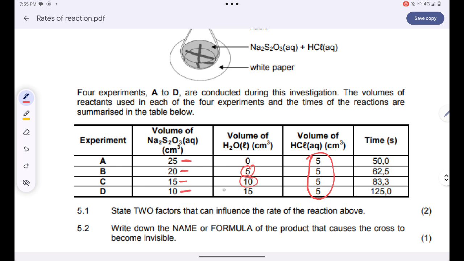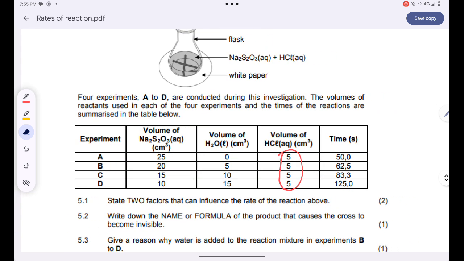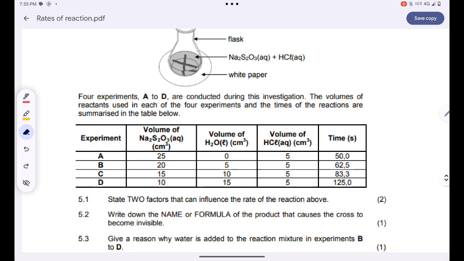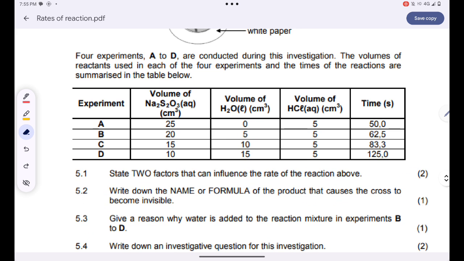Over there we have 10 and then 15 cubic centimeters of water. So what they are basically doing over there, guys, is to just dilute our sodium thiosulfate together. And obviously if ever we dilute our sodium thiosulfate, this will tamper with the concentration of the sodium thiosulfate.